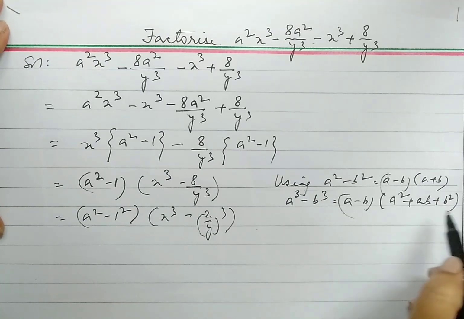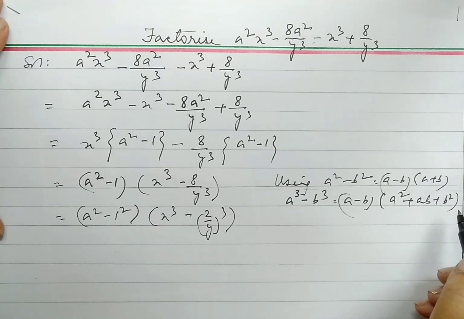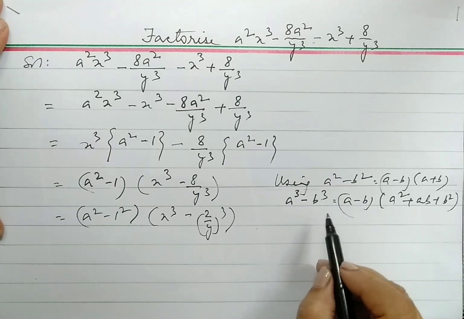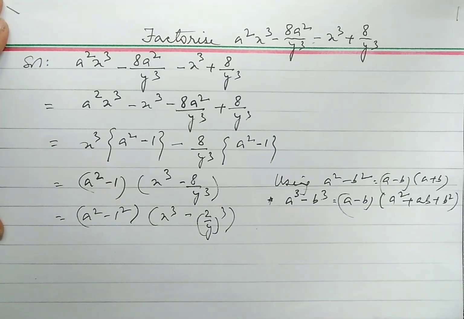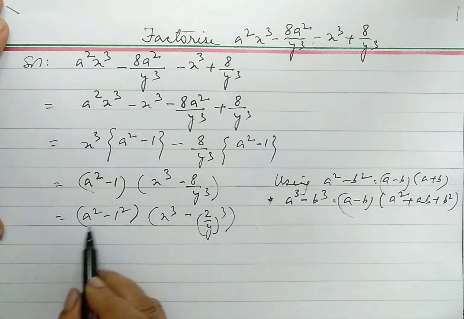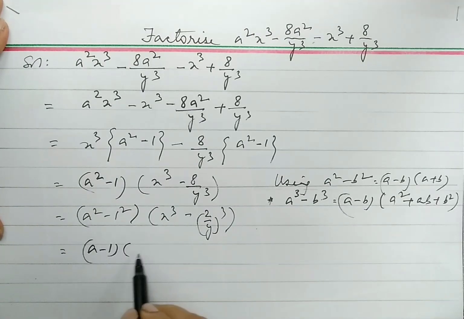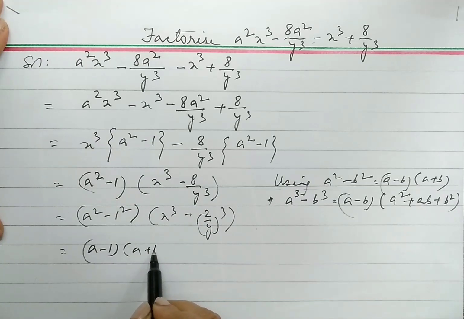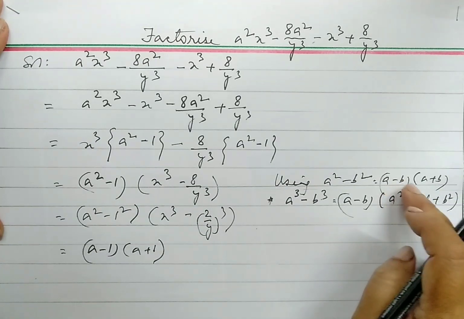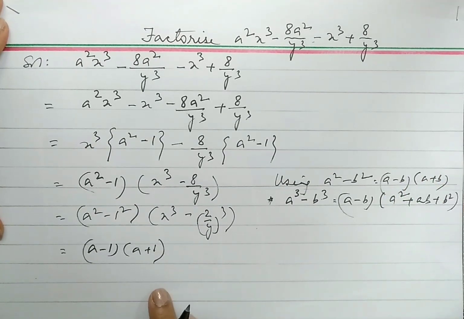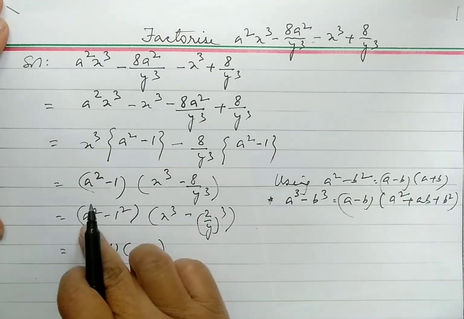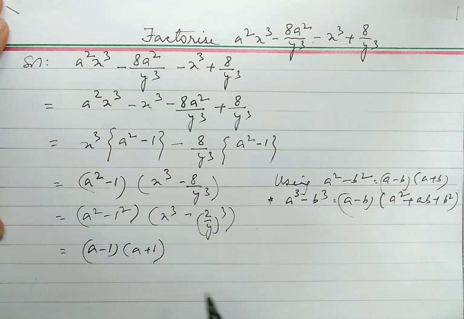Alright. So this is an easier way to remember. So we have this to be implemented for this and this. For this one, we have over here a minus 1 and a plus 1. Alright. A minus 1, a plus 1. Because our a is a and b is 1.